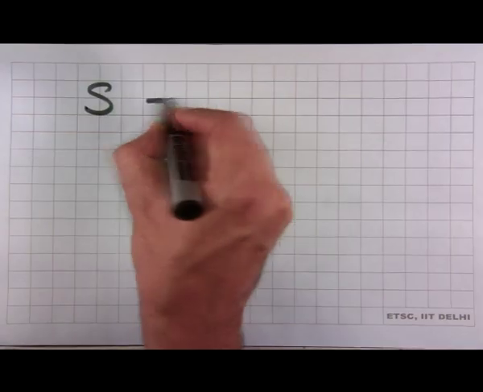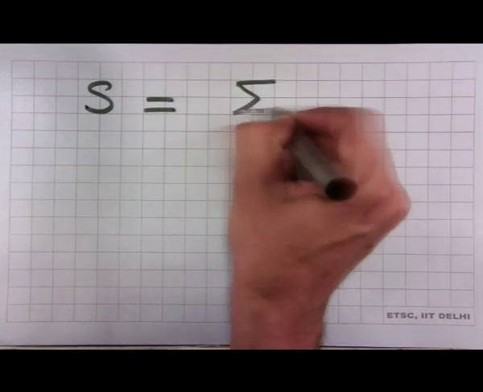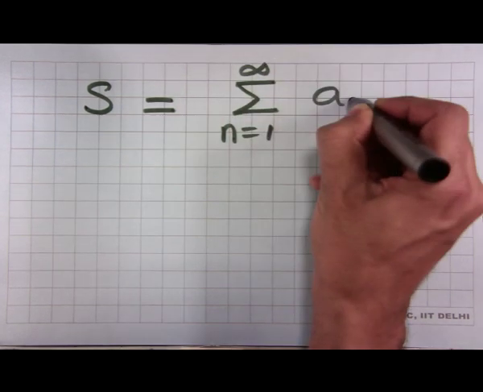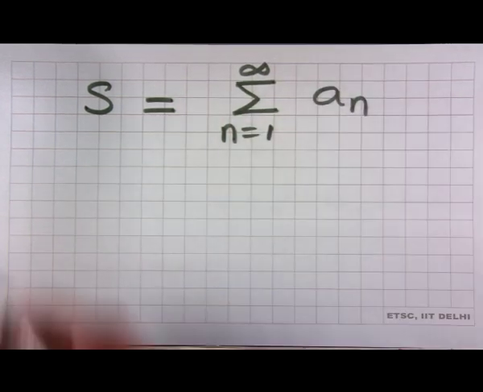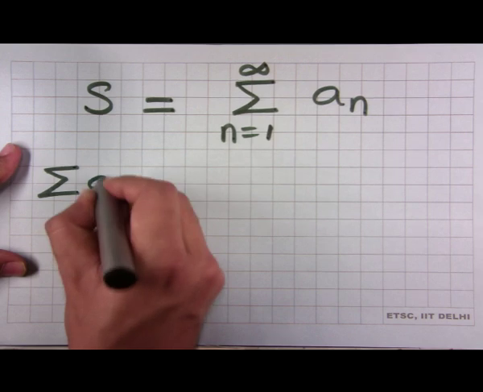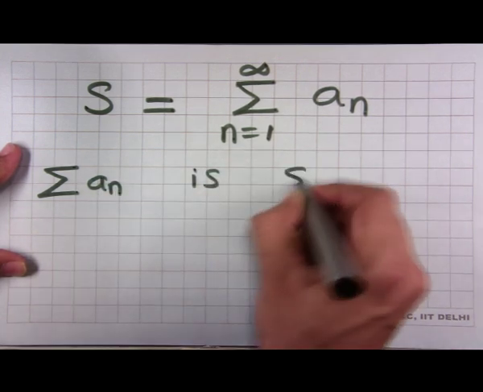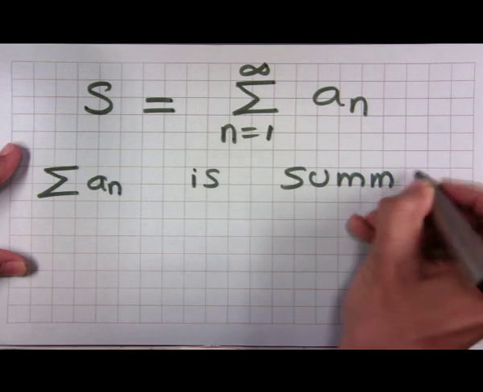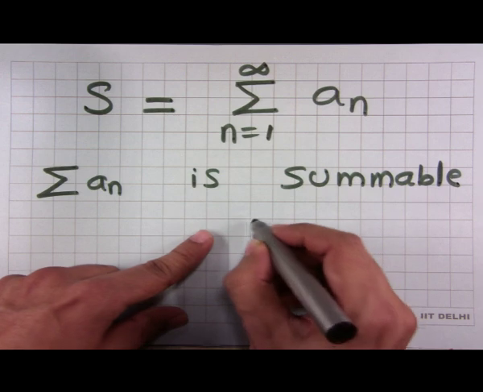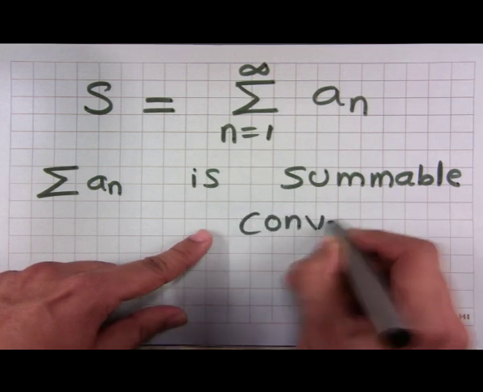We write S is equal to summation n equal to 1 to infinity a_n, and we say the series a_n is summable, or more technically convergent.